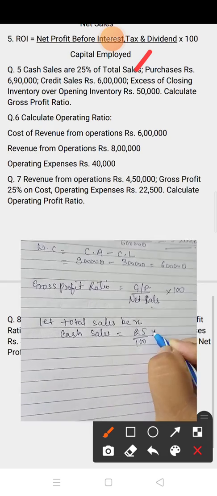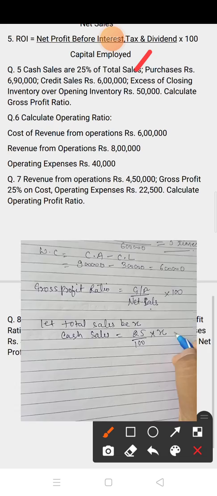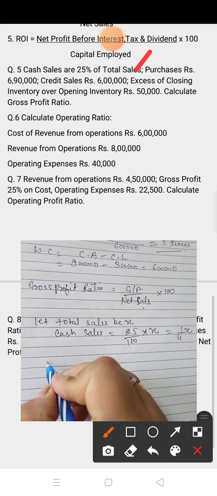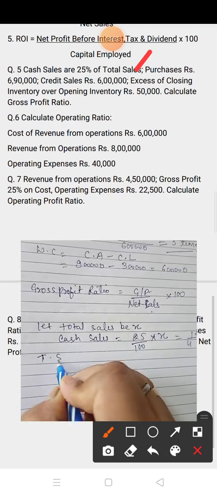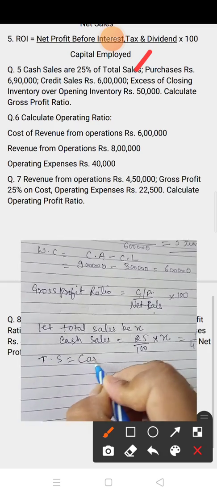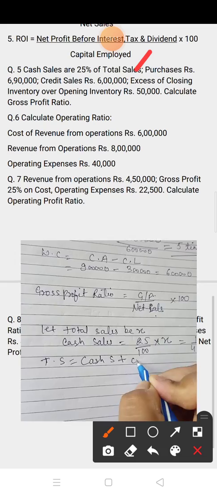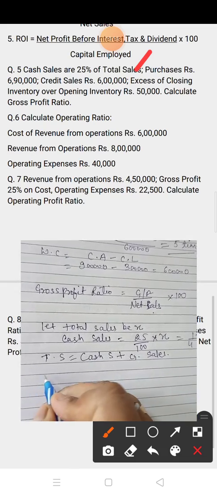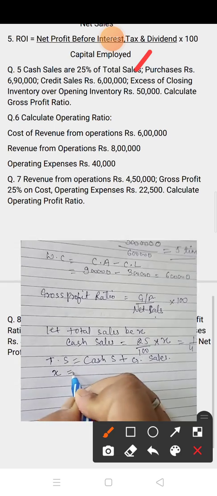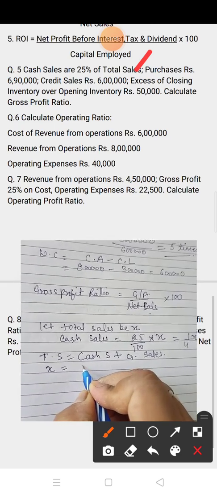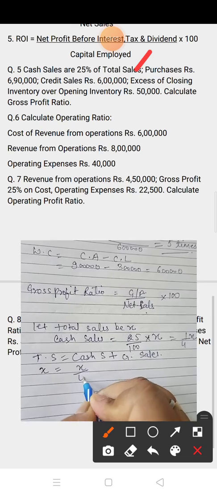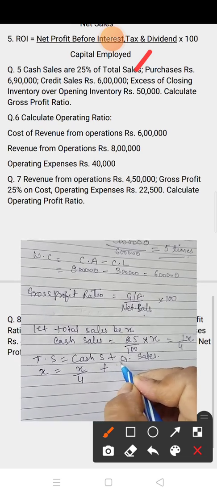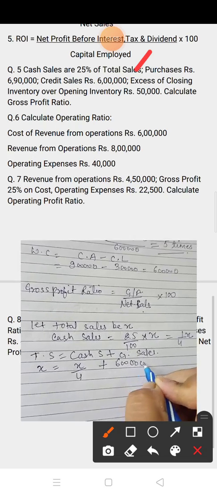So 25 upon 100 into X. It means 1 upon 4 X. Now the formula for total sale is cash sale plus credit sale. Total sale is X, we have already assumed. Cash sale we have already found, X upon 4, plus credit sale is given, that is 6 lakh.